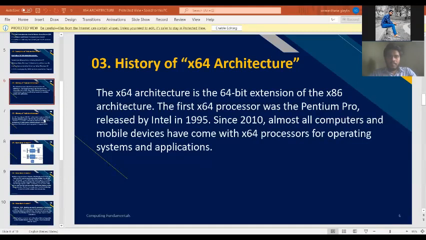AMD and Intel have acquired 99% of the current processor market. By now, Intel Core X series and AMD Ryzen 9 have been issued. All of them are 64-bit processors.